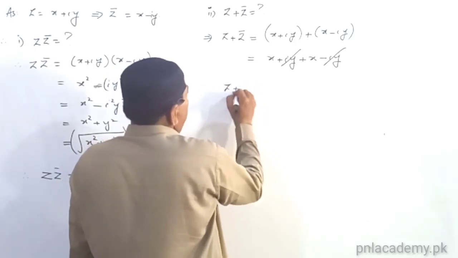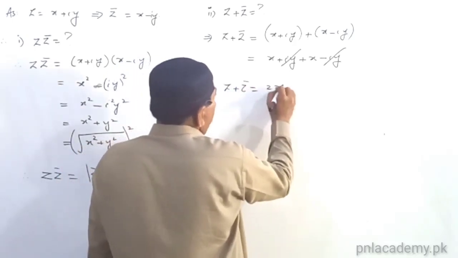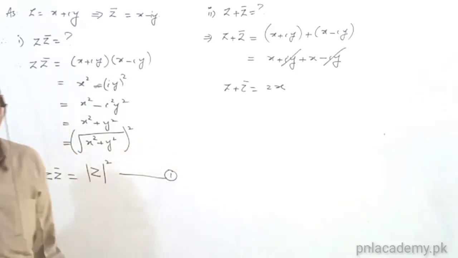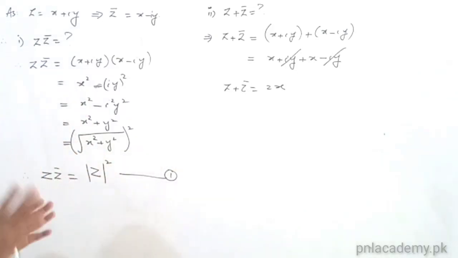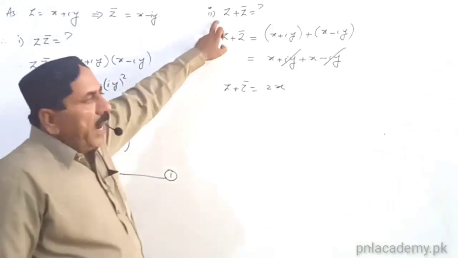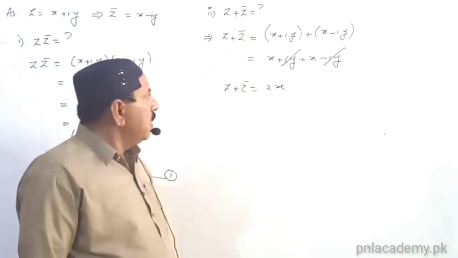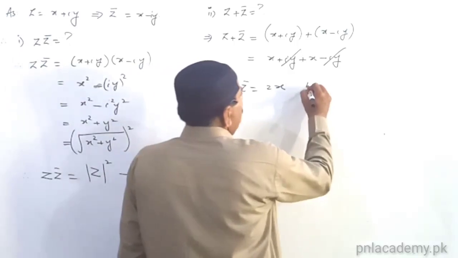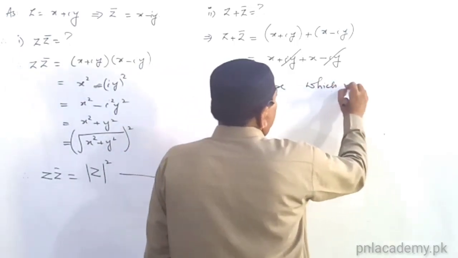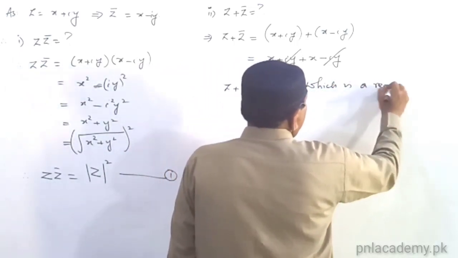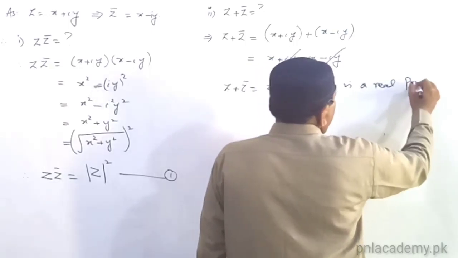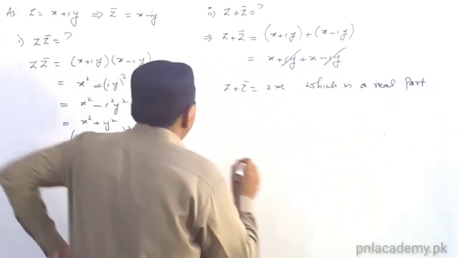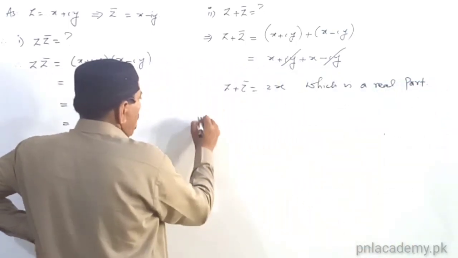So z plus z bar is equal to 2x. Means when we add the number and its conjugate, the result is only a real part. 2x, which is a real part.